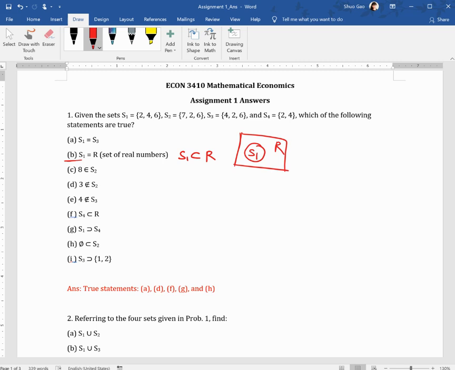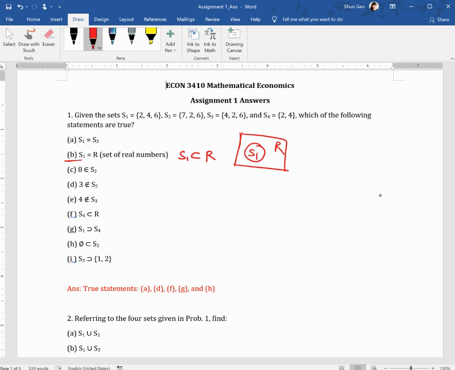So B is false. And C is wrong because there's no number 8 in S2. And D is also wrong because there's no number 3 in the set S2.